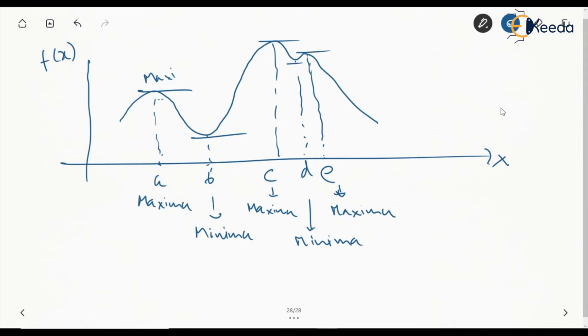Whereas if you compare it with the D point, where D is a minima, although D is a minima, it is having a value more than the maxima at x is equal to A, because this is a maxima at its own local level, and D is a minima at its own local level. It may be greater than other maxima also. There are chances for that, like we can see in this graph. We have to see about absolute maximum and minimum.